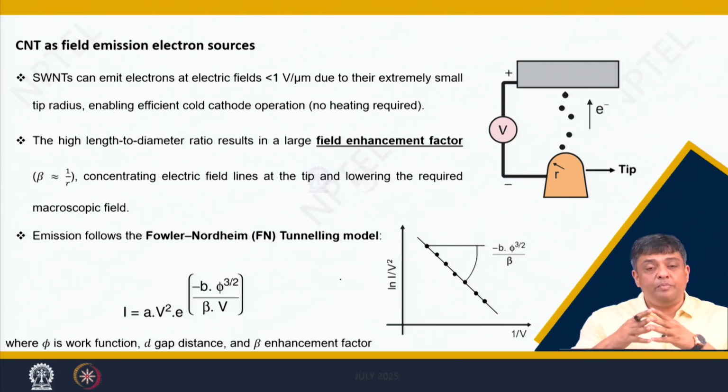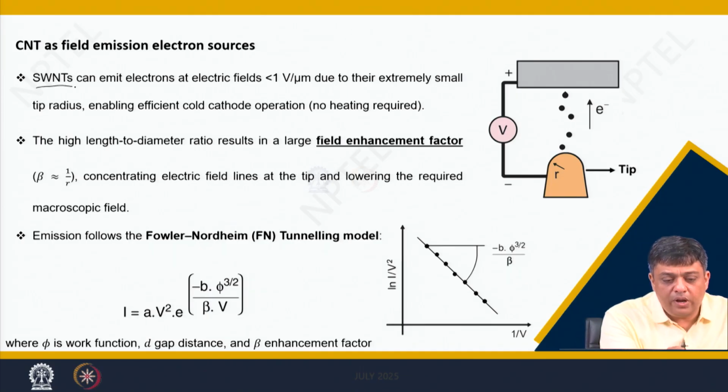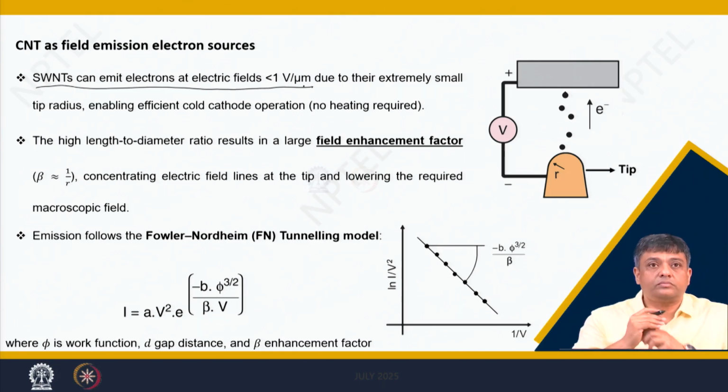You can now use, because there is a tip which we always discuss about in the formation of carbon nanotubes, you can clearly use these structures for making field emission electron source. Here the SWNTs can emit electrons at electric fields as low as 1 volt per micrometer.